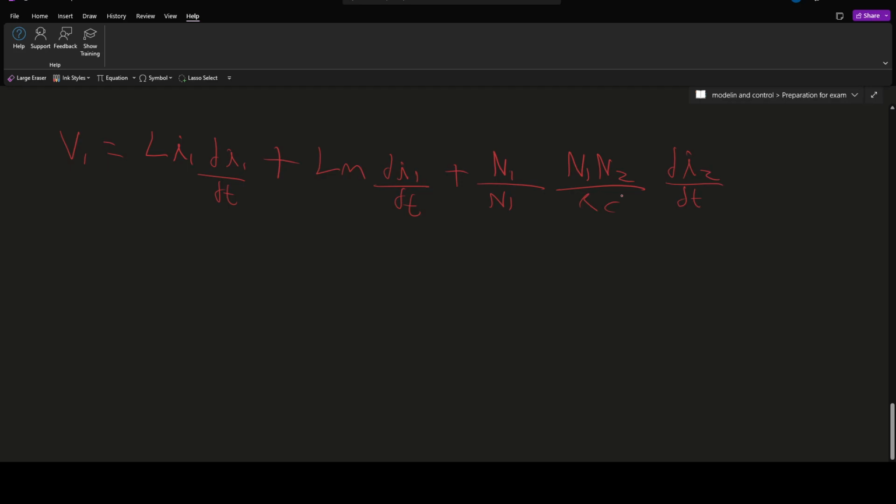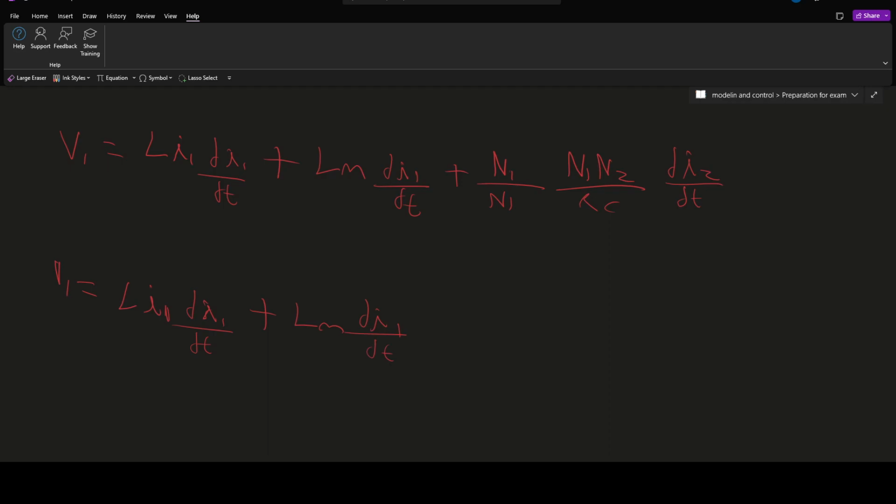This doesn't really change the term, because this is just 1, and 1 times this doesn't change the value. So we can keep going. We still have our initial term, di1/dt, plus our magnetizing inductance term, di1/dt.